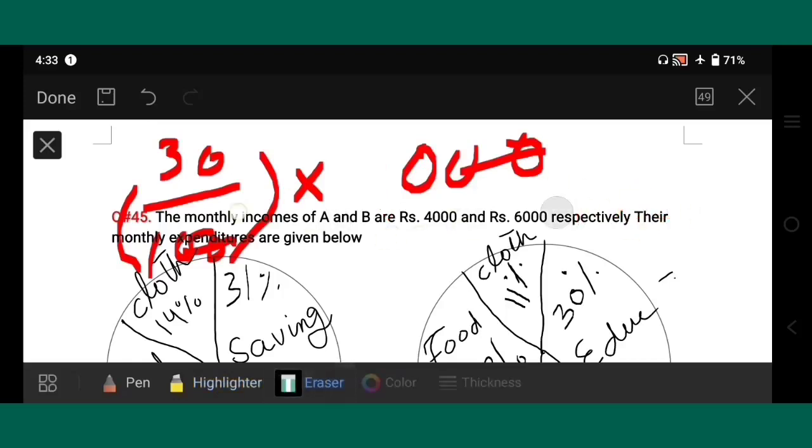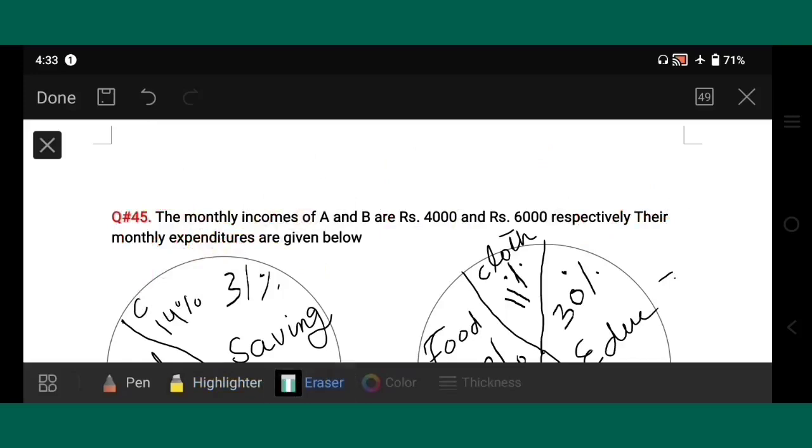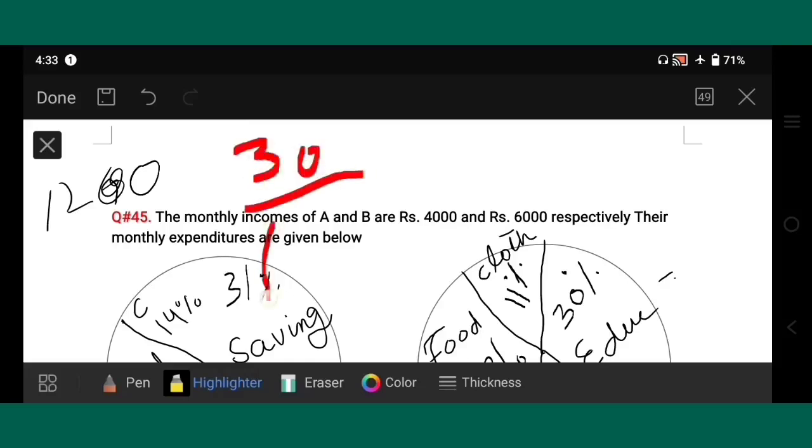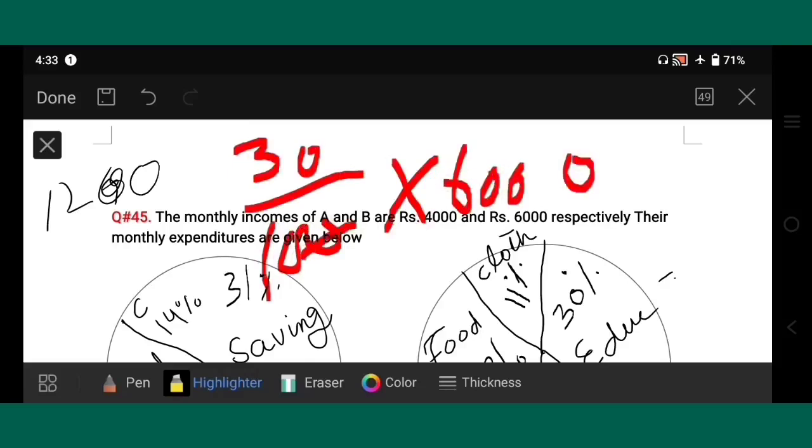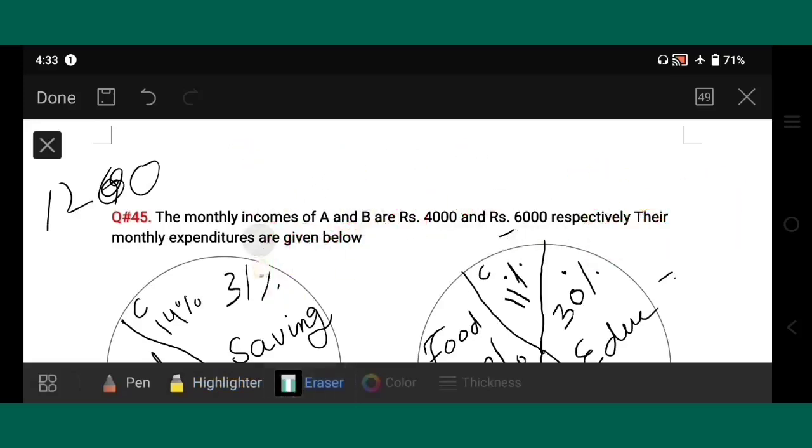So just write down over here 1,200. And for family B it is also 30%. So 30 divided by 100 times 6,000. So it gives 1,800. So what will be the ratio?